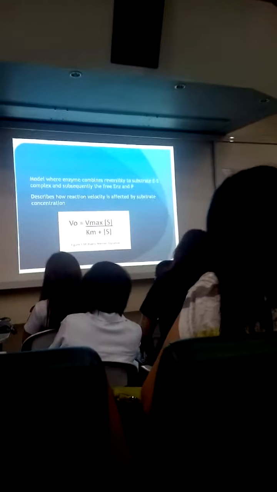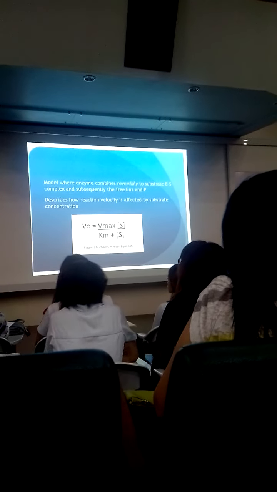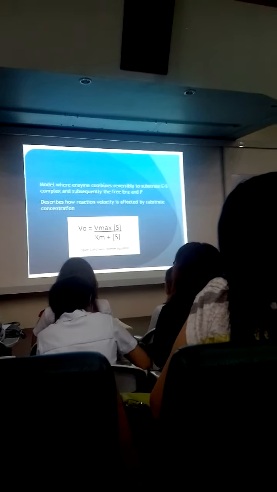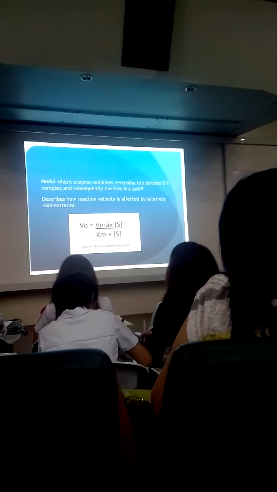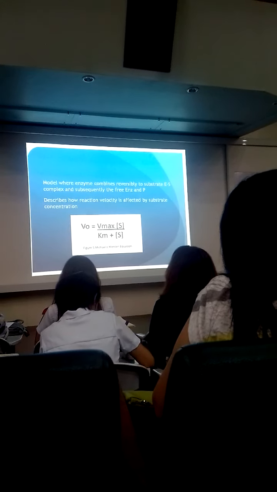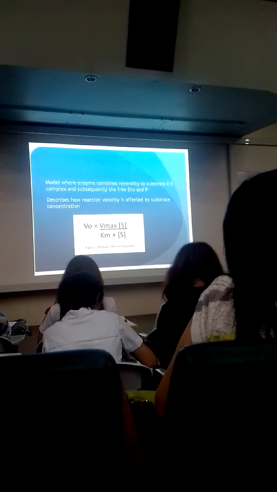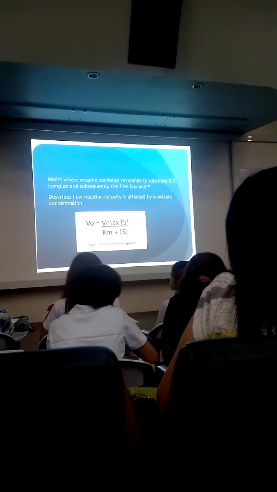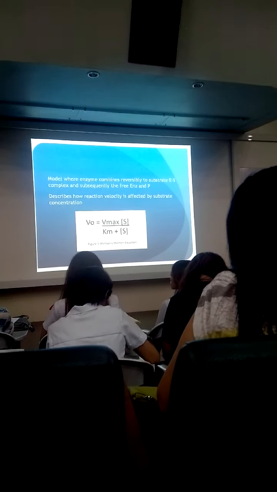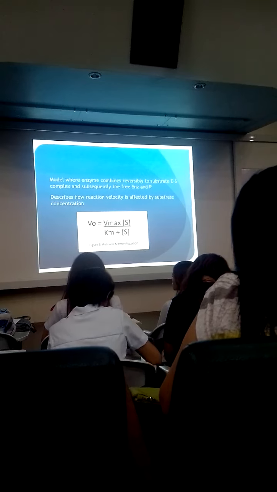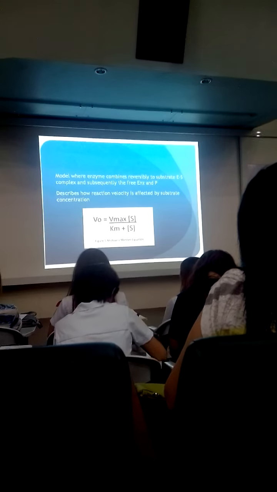So Vmax would be the maximum velocity, the point at which your enzyme is saturated, wherein Km would be halfway through the saturation, wherein 50% of your enzyme active sites are bound to substrate.